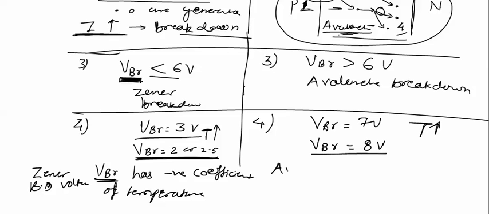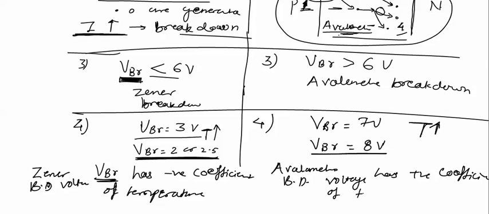So avalanche breakdown voltage has a positive coefficient of temperature.